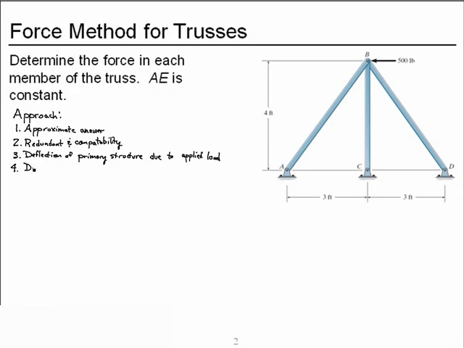Then we'll also need to calculate deflection of the primary structure or released structure due to a unit redundant.